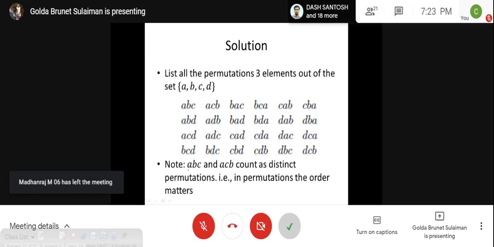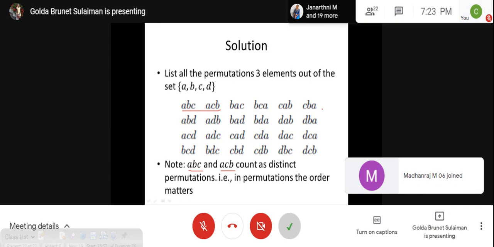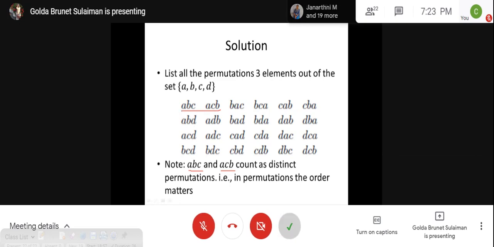Okay, so the important note here is this ABC and ACB, these 2 elements, or any of these elements. If you consider all the elements along this row, what can you say about that? What can you comment about one row?